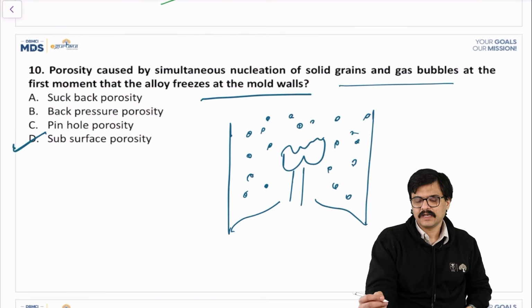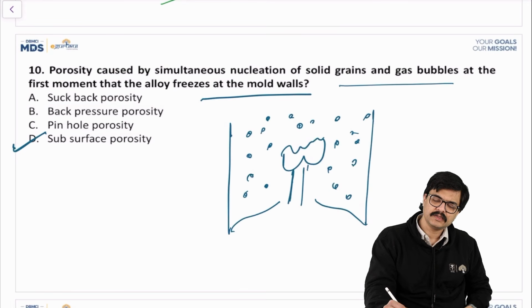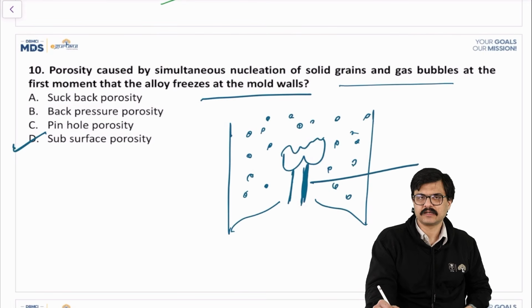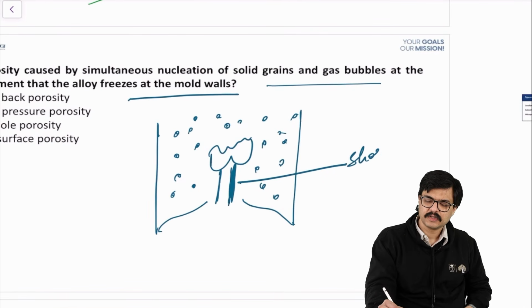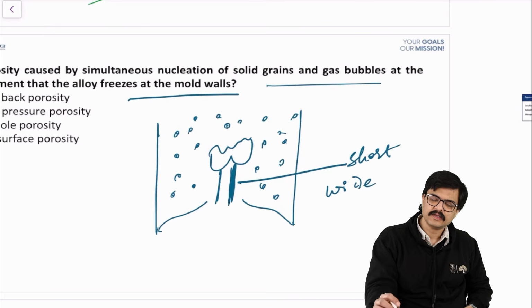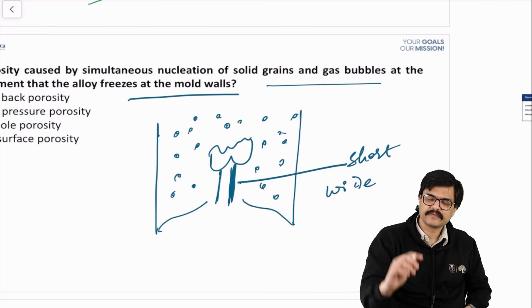Now, imagine a situation in which the length of the sprue channel is short, and the thickness of the sprue is pretty wide. So a lot of molten metal is going to come inside.